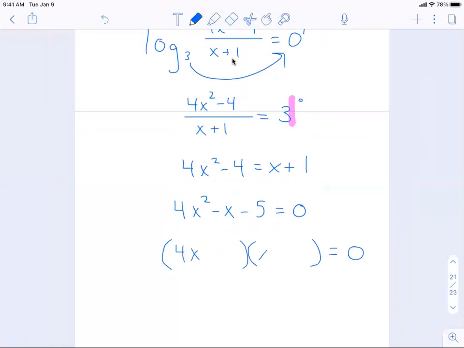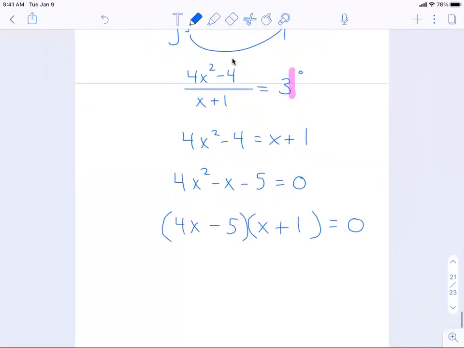I'm going to try to factor it for about 30 seconds, and if that doesn't work, I'll try the quadratic formula. But it looks like if I went 5 and 1 with negative 5 and positive 1, we can factor that. Of course, we will get the same answers if we use the quadratic formula. So x comes out to be 5/4 or negative 1.